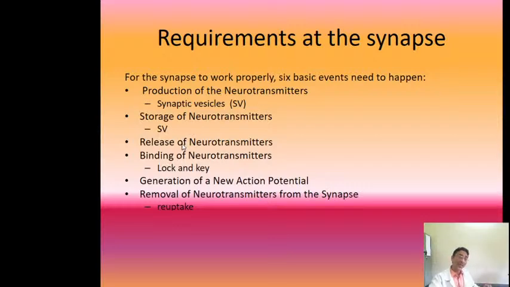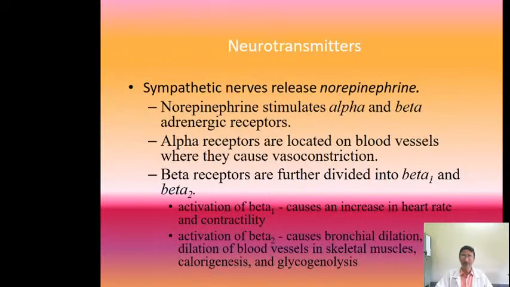There has to be a release of the neurotransmitter. Once released, the neurotransmitters in the synaptic cleft have to bind to receptors. Then there will be a generation of a new action potential. Once this action is over, the body has to see to it that reuptake of the neurotransmitters happens, so that there is no loss of these neurotransmitters.